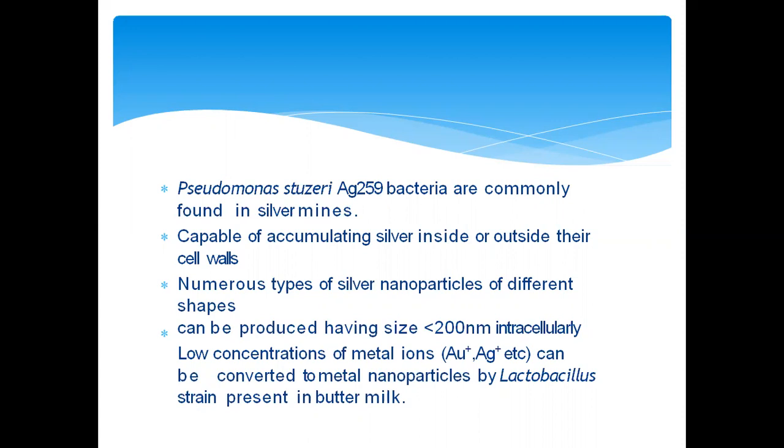They are about 200 nanometers intracellularly, because the passage of the ions or material should be easy. That's how they can accumulate inside the bacterial cell, so there should be a small scale material there.